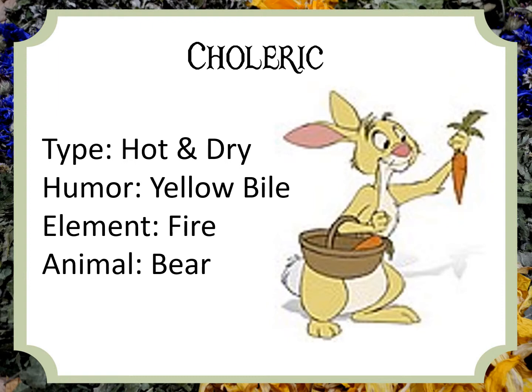It was associated with the element of fire, and sometimes it is associated with a bear. Now, you will see a picture, if you've ever seen Winnie the Pooh, you're going to see a picture of Rabbit. So they say that the characters in Winnie the Pooh all match these temperaments. And you'll see how that works as we go along. But the character Rabbit, if you've ever seen the character Rabbit in Winnie the Pooh, Rabbit is what we would consider to be a choleric temperament.